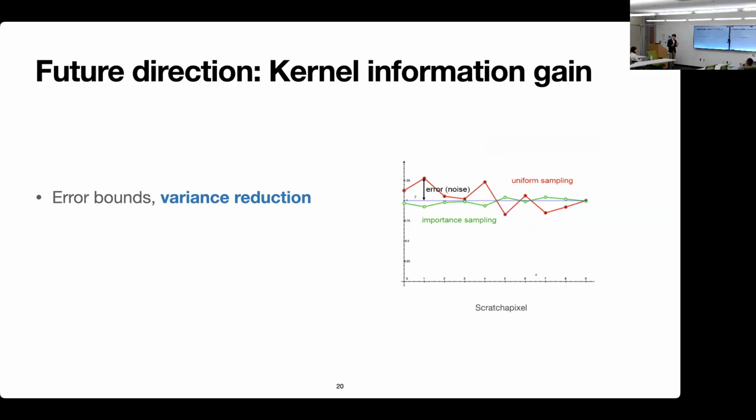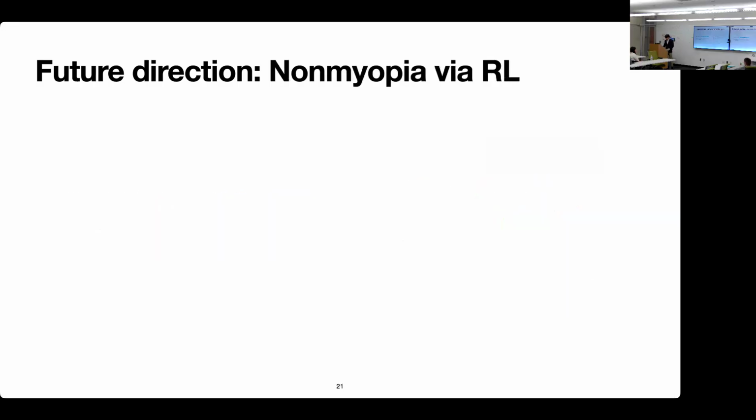And because it works on samples, we can look into different ways to improve the approximation of this metric by studying the behavior of the error bounds or reducing the variance of this metric. And we can also explore its applications in other active learning tasks too. Again, quantifying information in high dimensions is a very common problem. So there is a lot of work to do in this space.